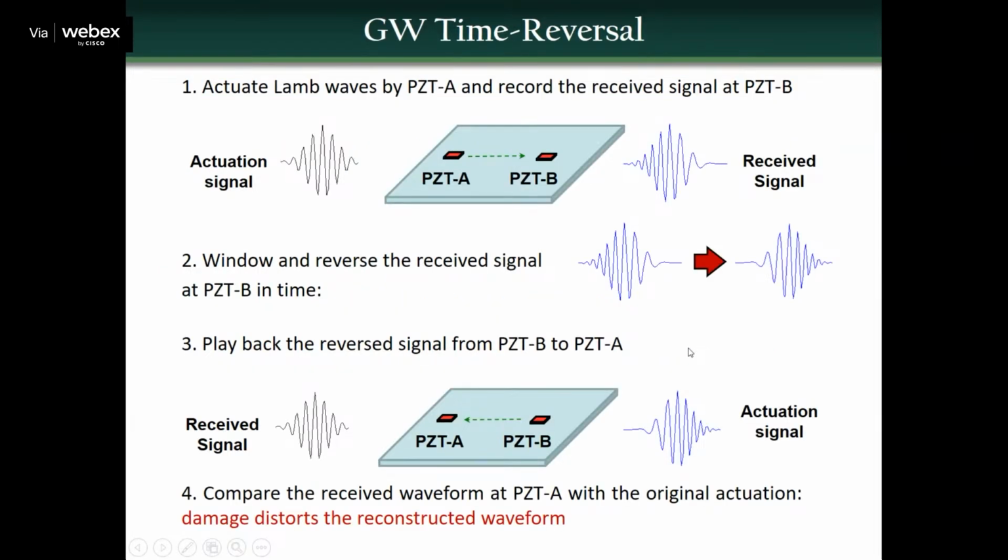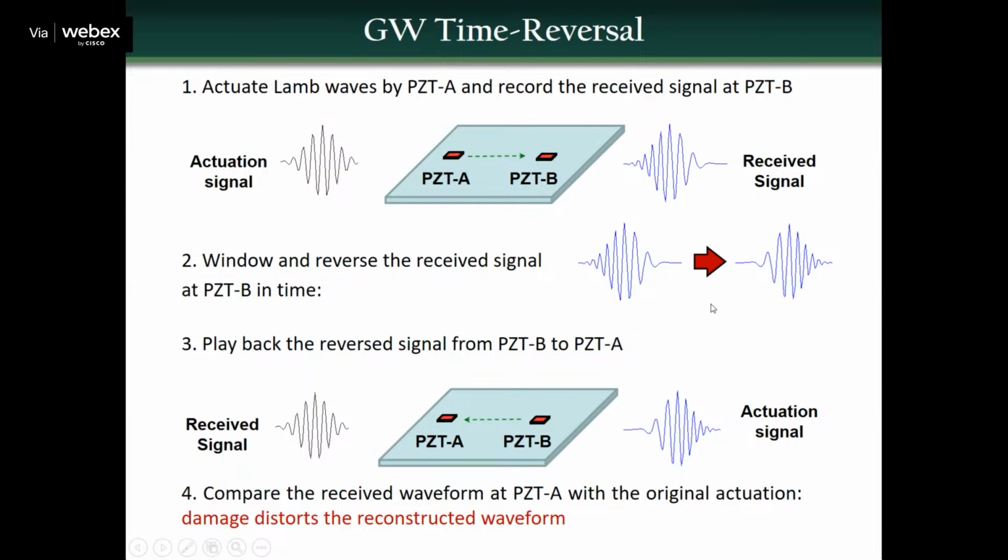So let's see why that is. When I have the setup shown here, the simple setup, you have a PZT sensor A and a sensor B. The actuation from PZT A can generate Lamb waves, the surface waves that propagate in the material and are received by sensor B, and you'll have the received signal like this.